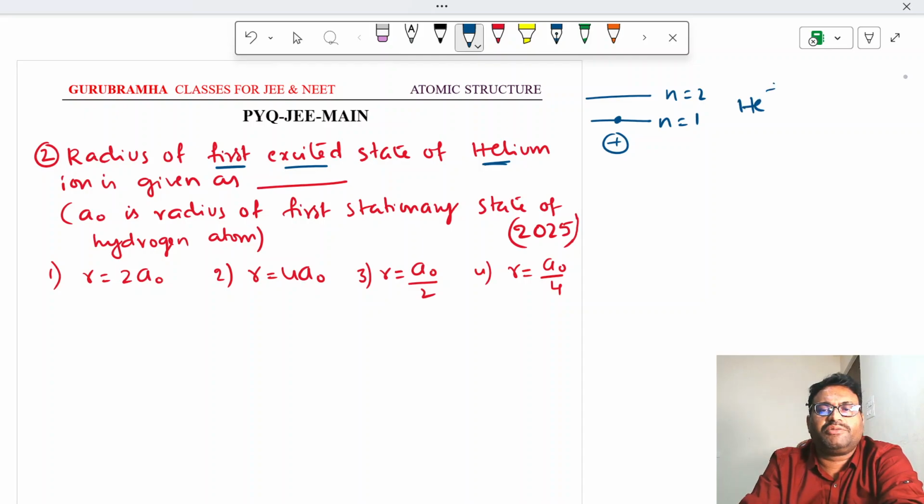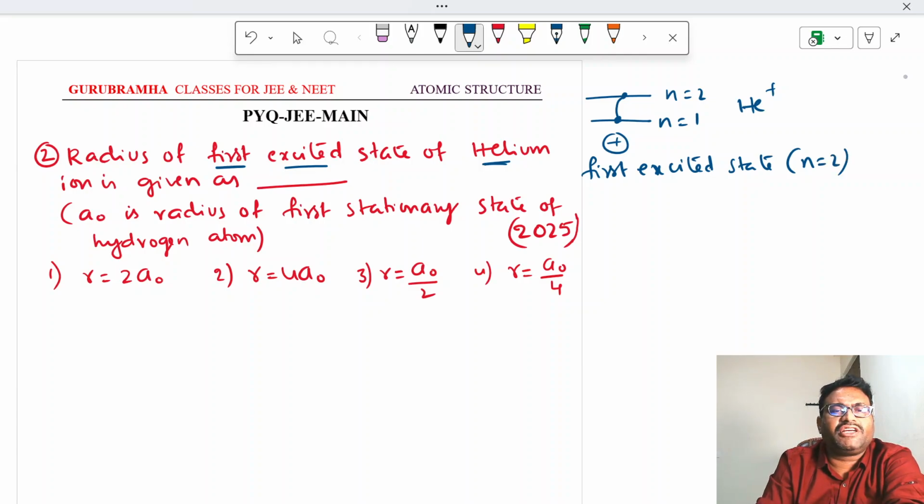He plus contains one electron, and that electron is present in the ground state, that is n is equal to 1. So if it is excited, the first excited state will be n is equal to 2. It will move to 2. So first excited state, what is that? N is equal to 2.